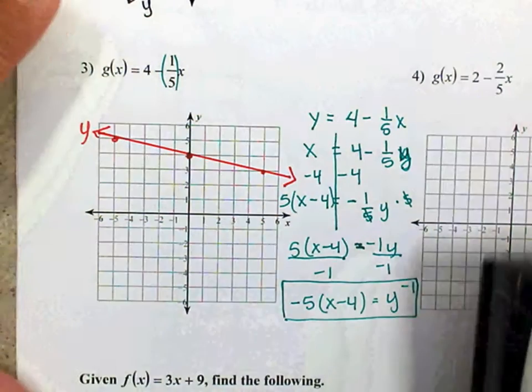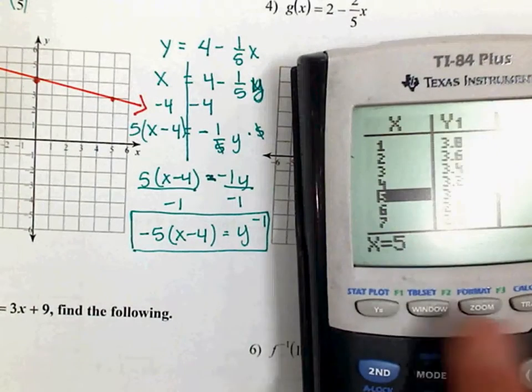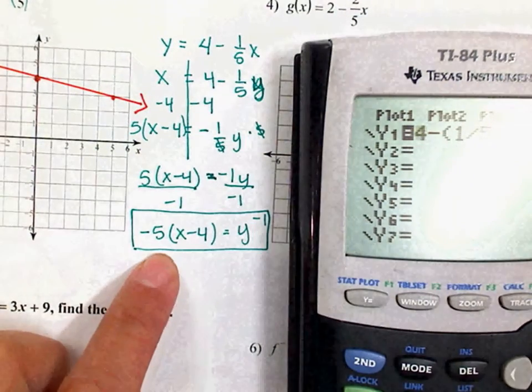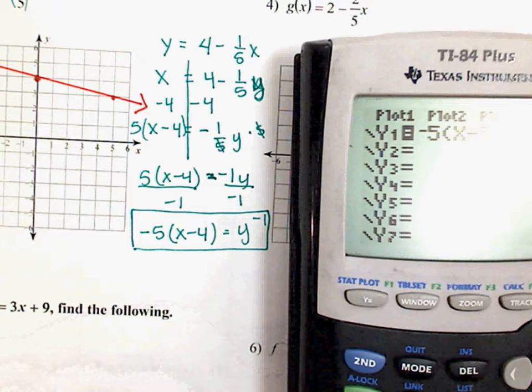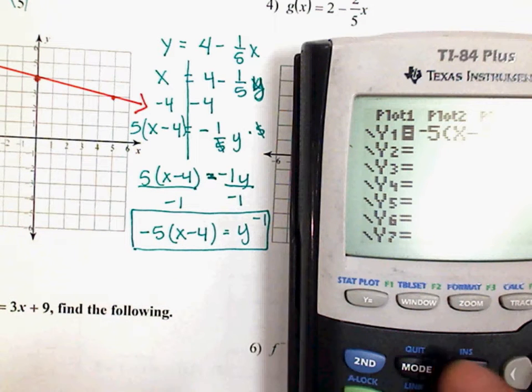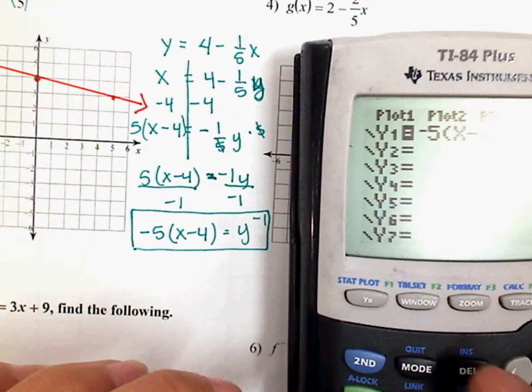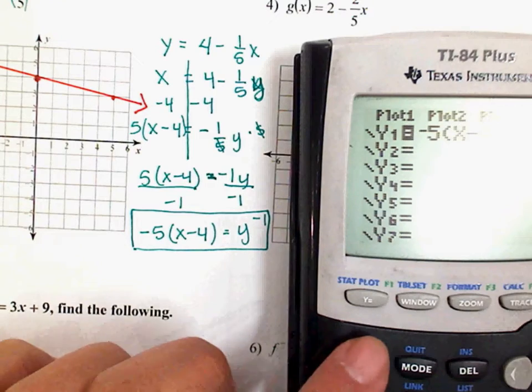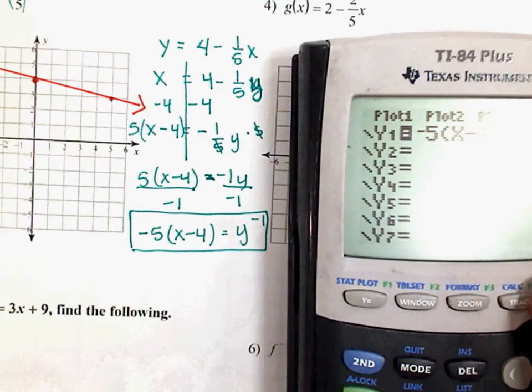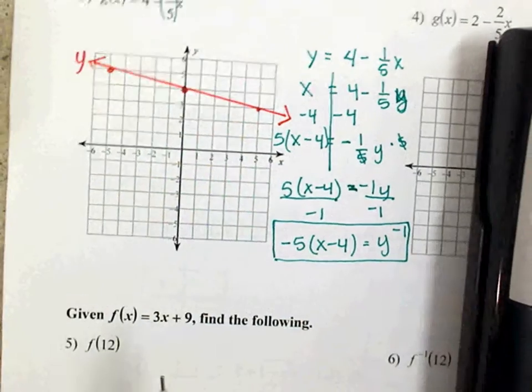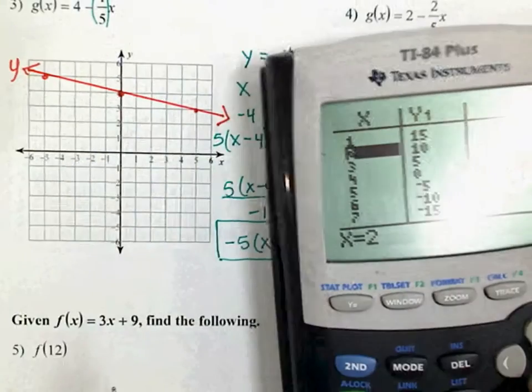Let's go ahead and plot this point. Let's go to y equal. Show you how to type it correctly. Negative 5 parentheses. X minus 4. Delete. Okay. Second graph. Second table. Okay. 1 and 15. I cannot graph. How about 2 and 10? Nope.